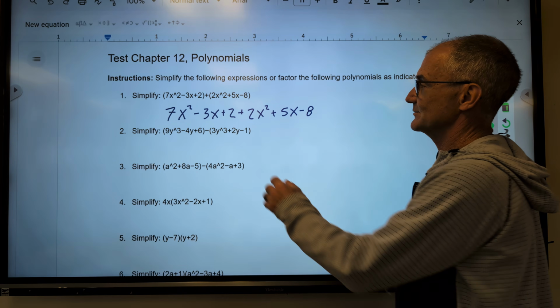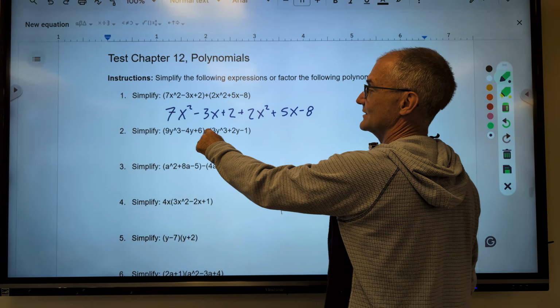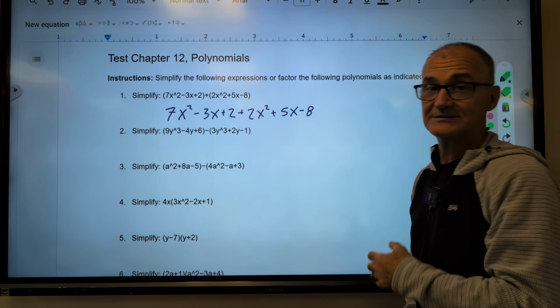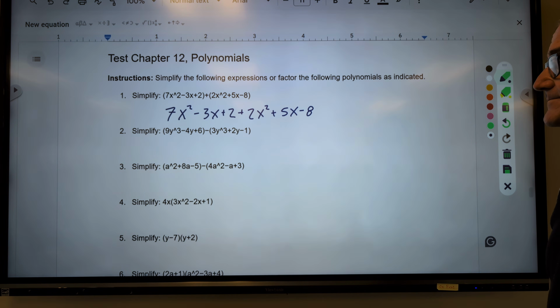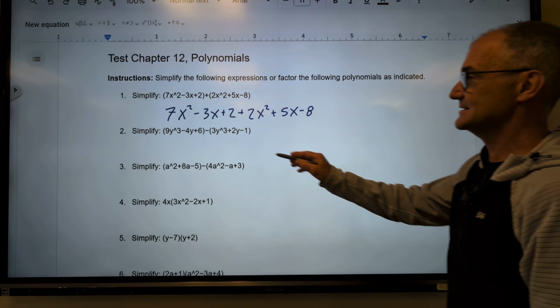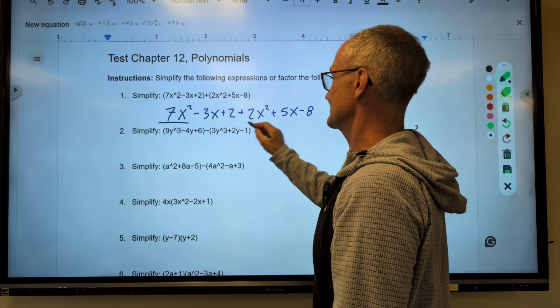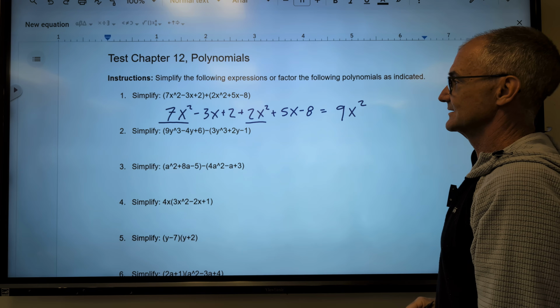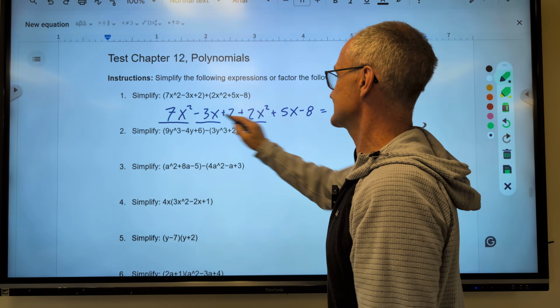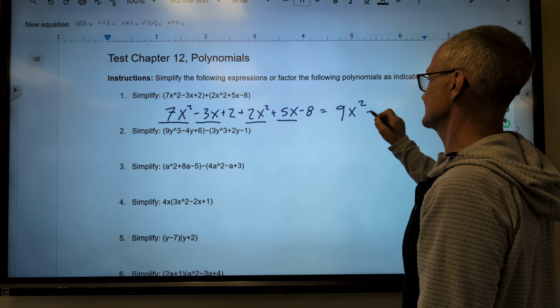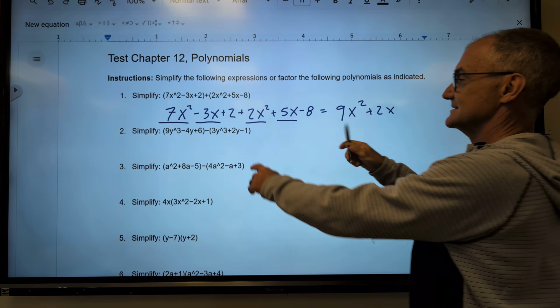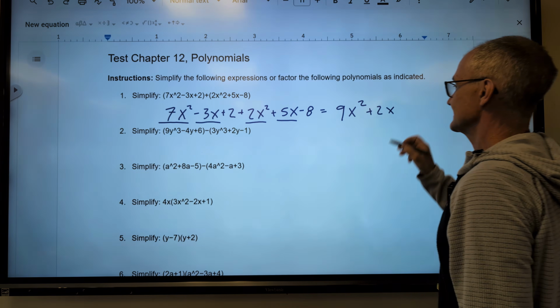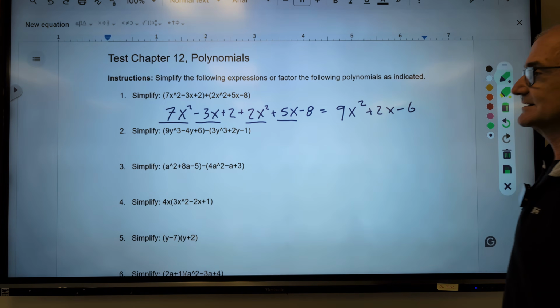It's not too tricky because it's a plus sign, but on the next one, you've got to remember to distribute that negative through the quantity. Now that I've done that, I'm going to combine similar terms. 7x squared and 2x squared is a 9x squared. Negative 3x plus 5x is 2x. And then lastly, I have my 2 and my negative 8 to give me negative 6.